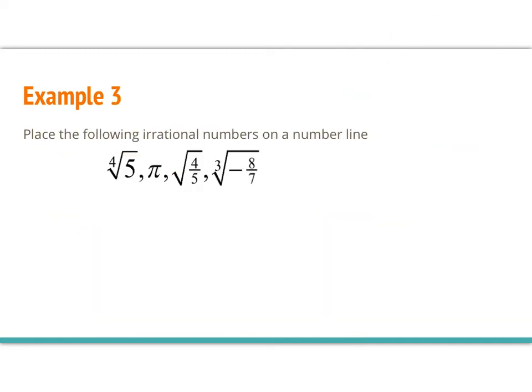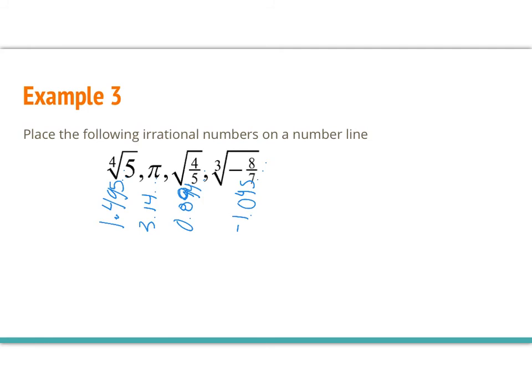Placing irrational numbers on the number line. Here I'm not asked to approximate, so I'm going to go ahead and calculate each of these in my calculator and just write them down so I have a good idea of where they should fall. I see that the biggest number here is 3.14, or pi. And the smallest one is negative 0.145, the cubed root of negative 8 over 7.